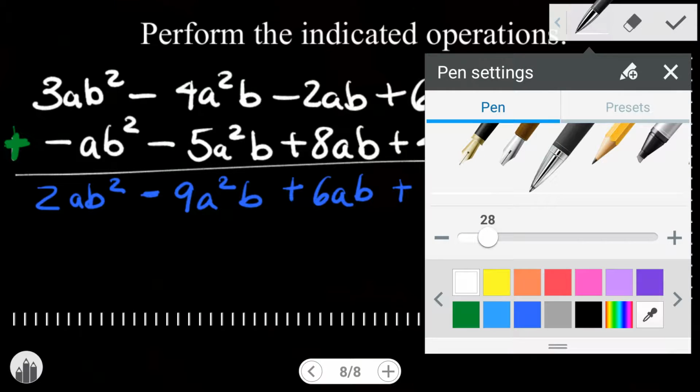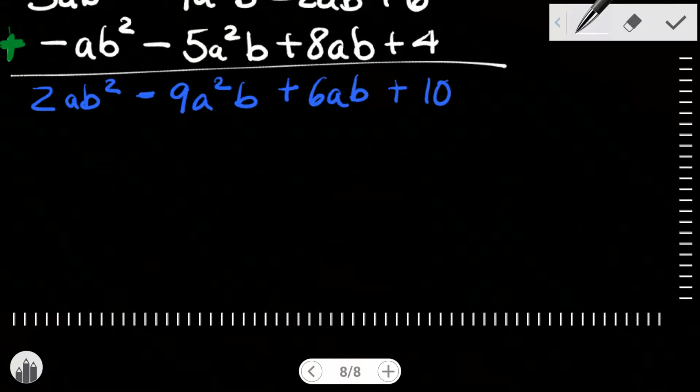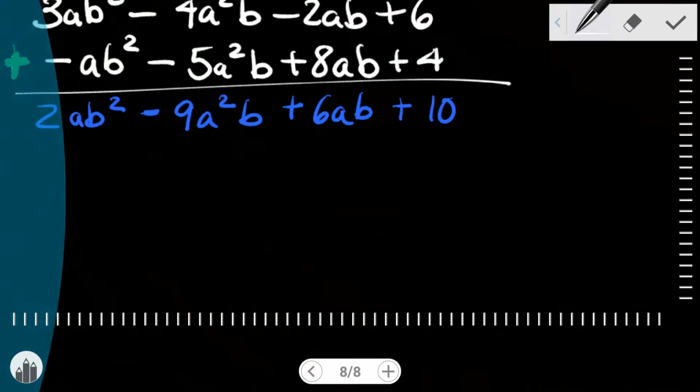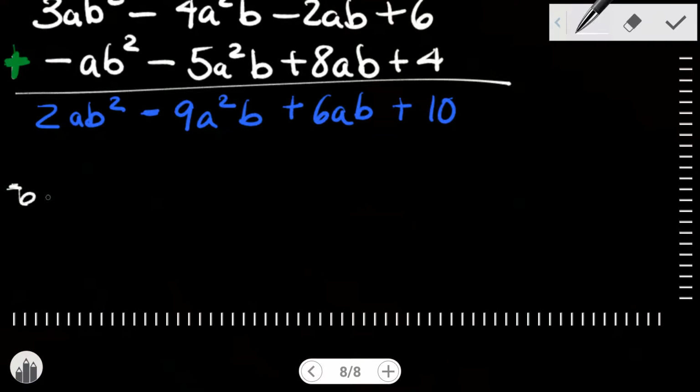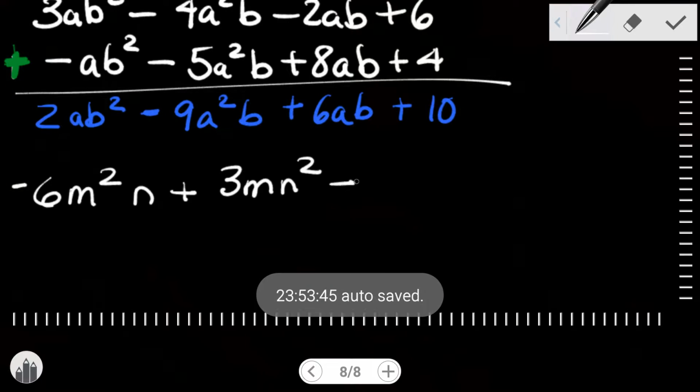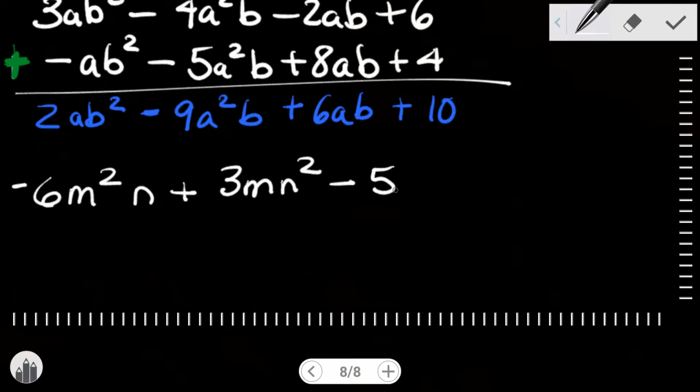All right, so let's go ahead and try to do another one. So let's try negative 6m squared times n plus 3m times n squared minus 5m times n plus 2.